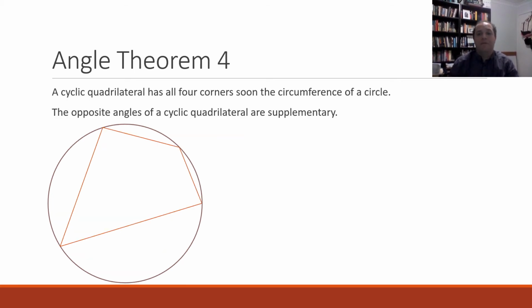Now, our fourth and final angle theorem has to do with cyclic quadrilaterals. Cyclic quadrilaterals are shapes, quadrilaterals obviously, where every corner is on the circumference of a circle. So this point's on the circle, so is the second, third, and fourth point. They're all on the edges of that circle, so we can call this shape a cyclic quadrilateral. Now, the theorem regarding cyclic quadrilaterals is that opposite angles are supplementary.